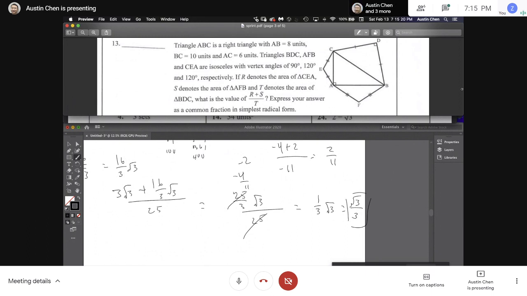Then we multiply that by the ratio of the side lengths to get the ratio. That way we can represent CDB in terms of R also, so we don't have to find the area of each one of them.